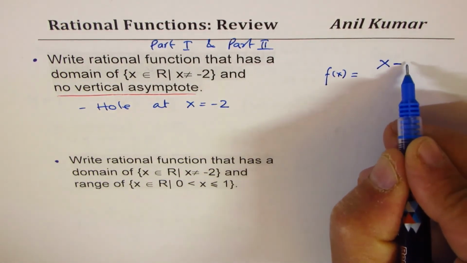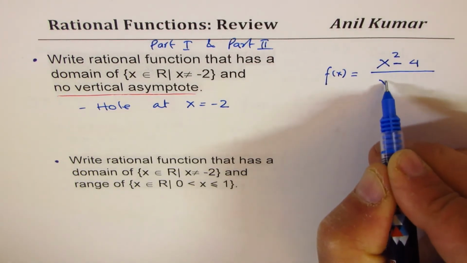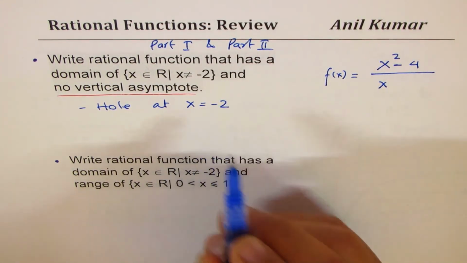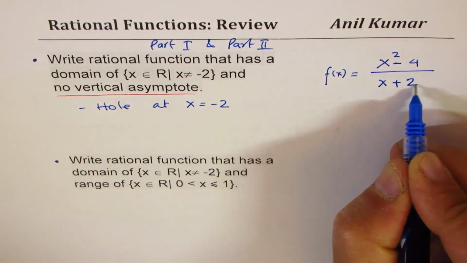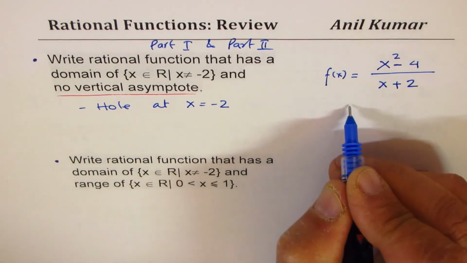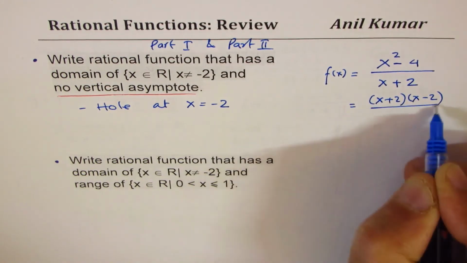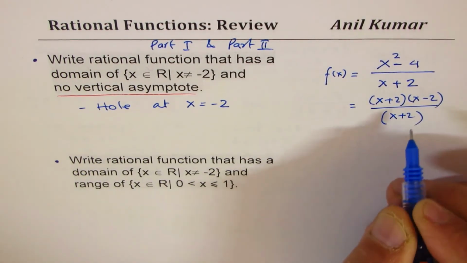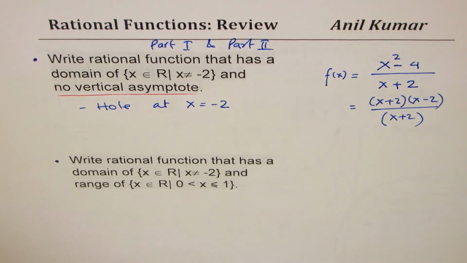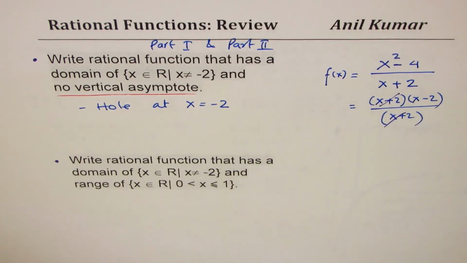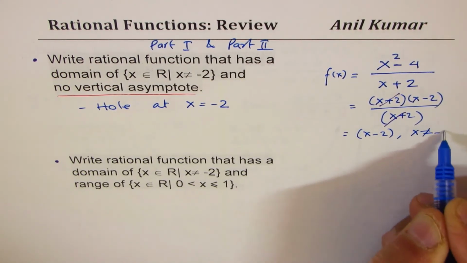We could do it by x squared minus 4 divided by x plus 2, since we want x equals minus 2 to be a hole. So this could be written as (x plus 2)(x minus 2) divided by (x plus 2), correct? And that really means that these two things will cancel off. And so you really have a function which is x minus 2, where x is not equal to minus 2.